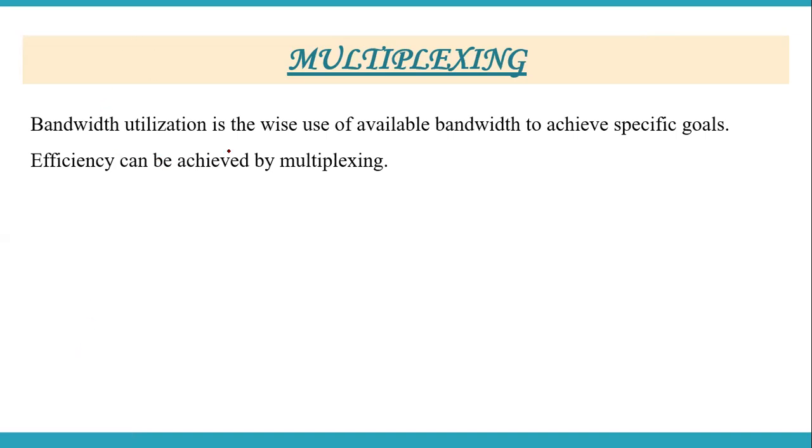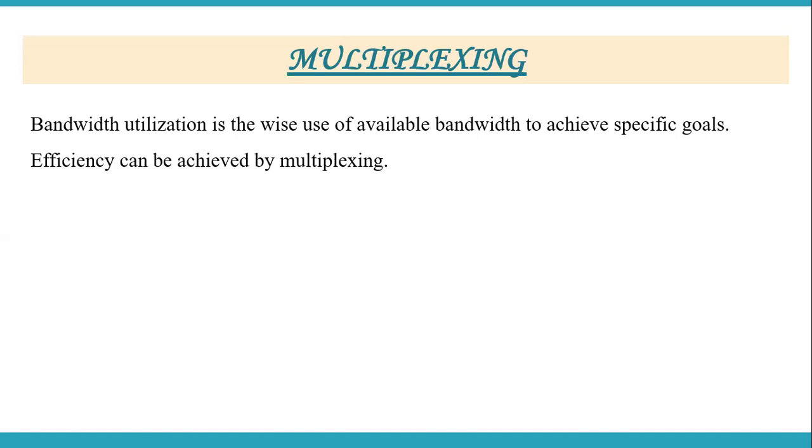So bandwidth utilization is the wise use of available bandwidth to achieve specific goals. So this means that you have to achieve your goals, that is sending your data. What is the specific goal? What is the main goal? The most important goal is that whatever we are sending to the receiver is received by him or her as it is, and there is no change in the message.